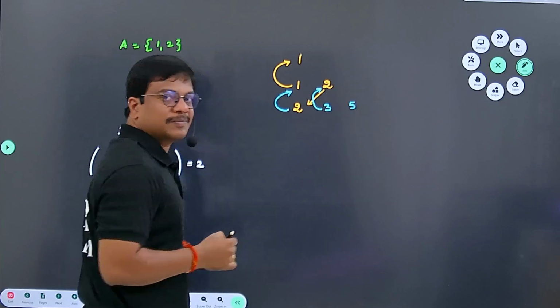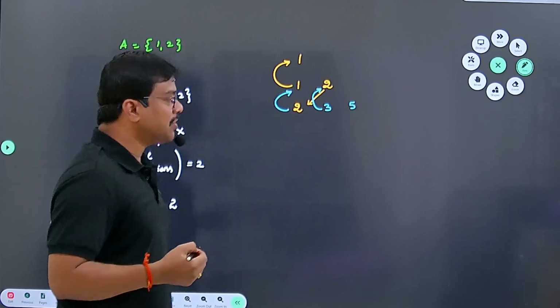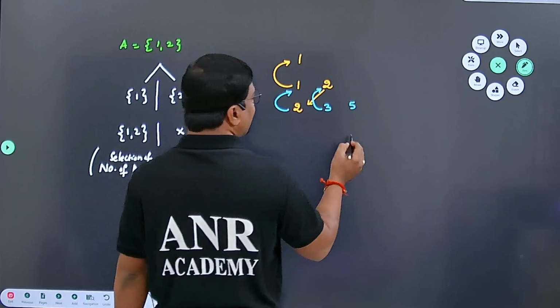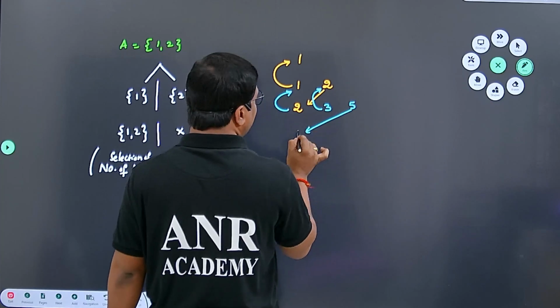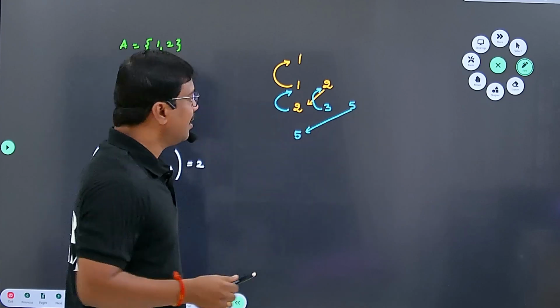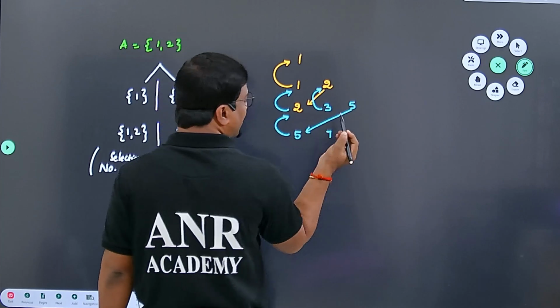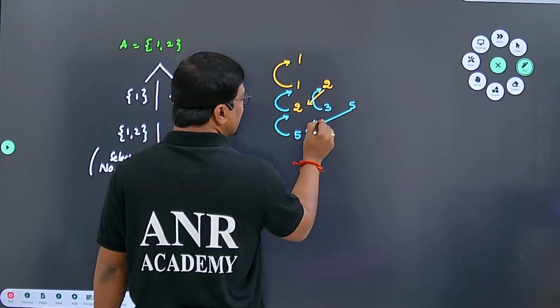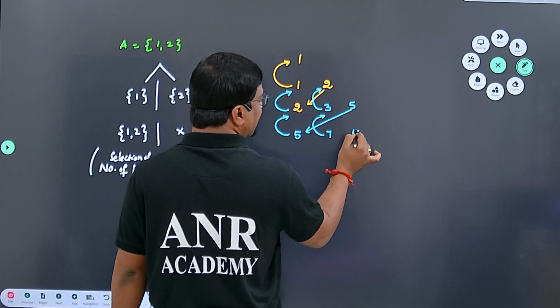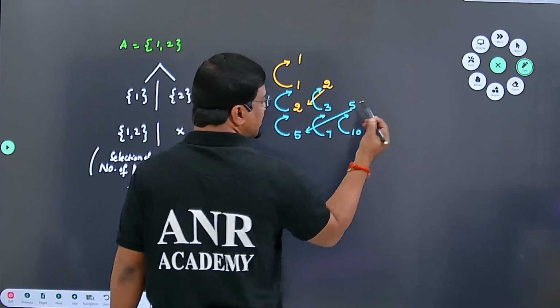The last element in the third row you have to write as the first entry in the fourth row. Now the sum of these two, 5 plus 2, 7, you write here. 7 plus 3, you write 10. 10 plus 5, you mention as the last term.